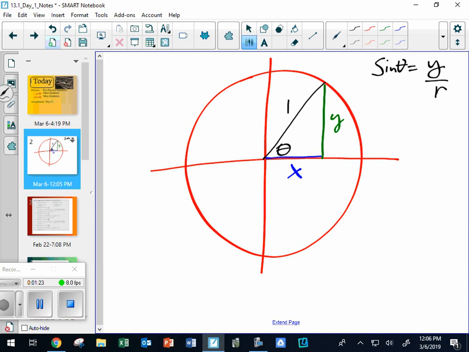And when we get into a harder chapter later, you're going to have to do it that way, because we're not going to use a unit circle. We're going to use a circle that has a radius of like 8. And then you just put an 8 here. It's not that hard. But right now, since we're using a unit circle, where the radius is 1, this is just y over 1.